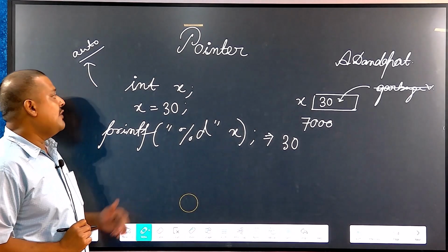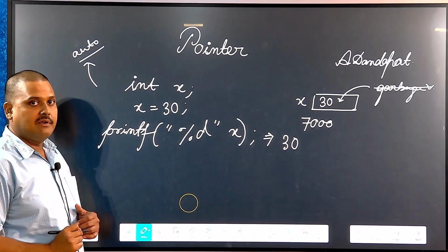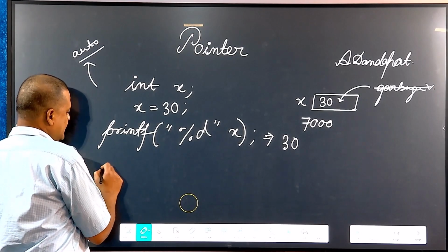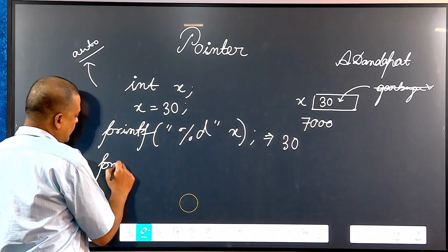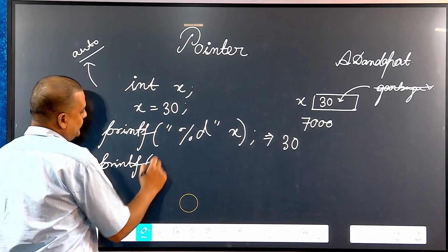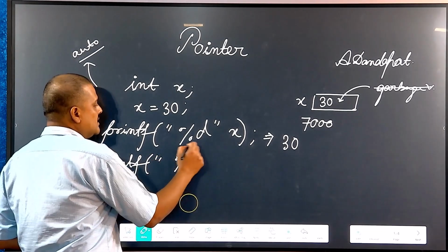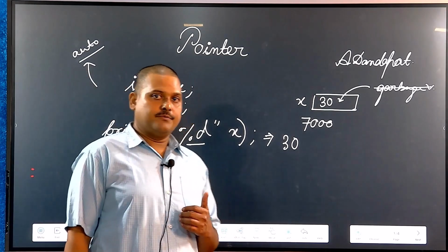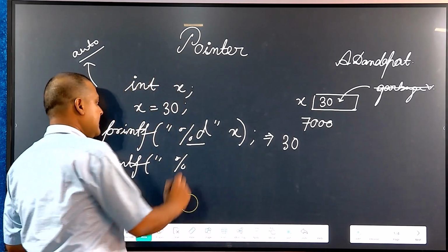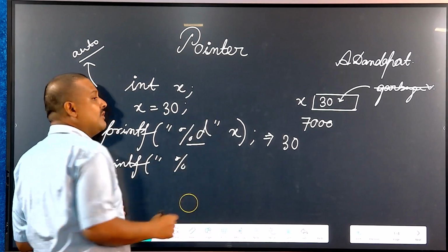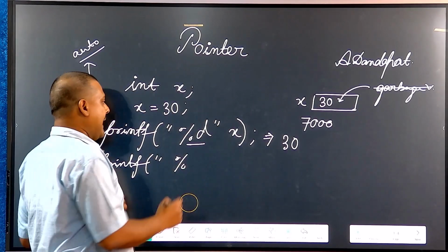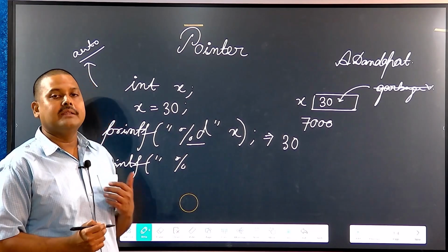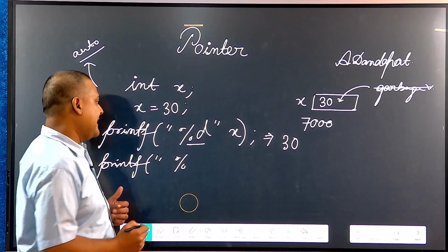Now, if I try to know the base address of this particular location, that is 7000, then we have to write the same thing, printf. Here this %d is for integer values, and these are basically for signed integers, but addresses are nothing but some integer value of unsigned type.